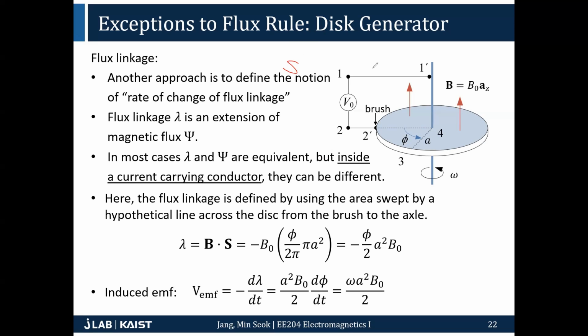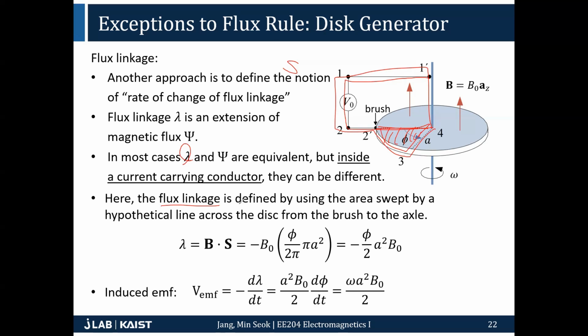So what we do is define what is called flux linkage, and we assume that the circuit area changes from this to this as time goes by. So this amount has increased, and that is the change of circuit area, which is how we define the flux linkage.